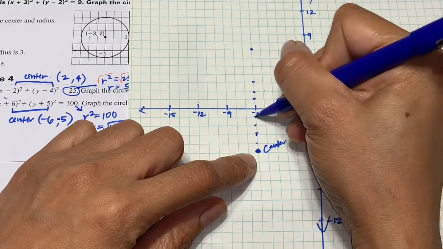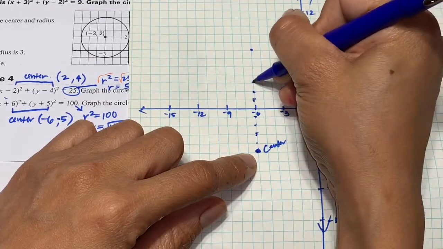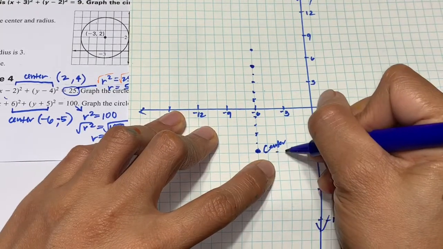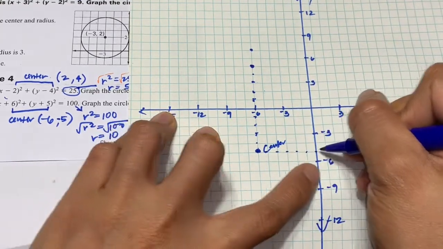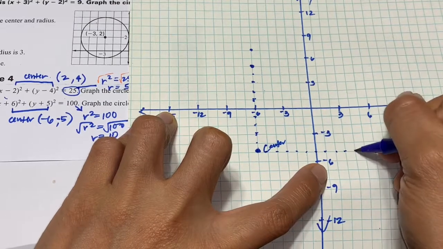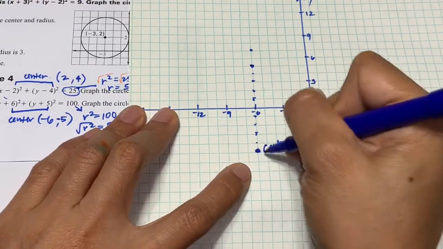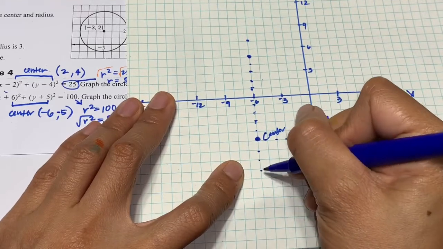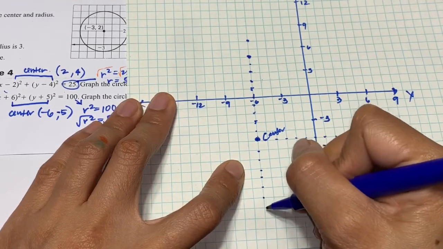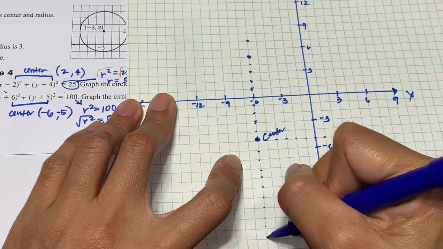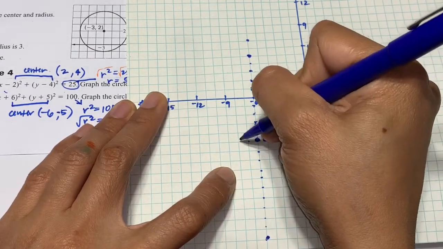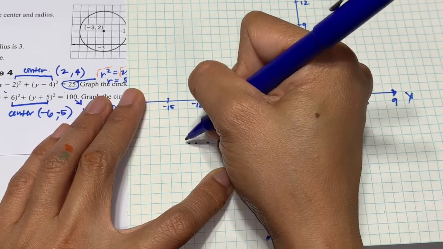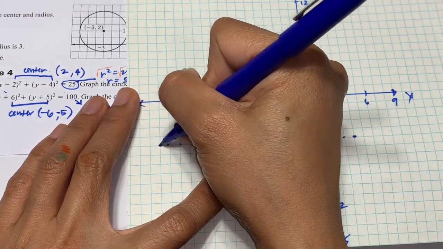So 1, 2, 3, 4, 5, 6, 7, 8, 9, 10. It's over here. And then 1 through 10 again in the other directions.